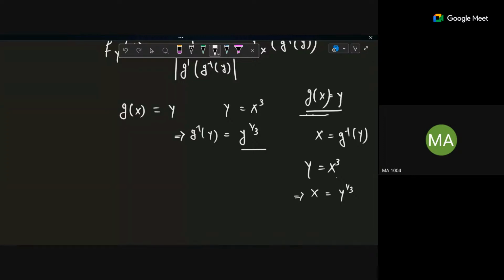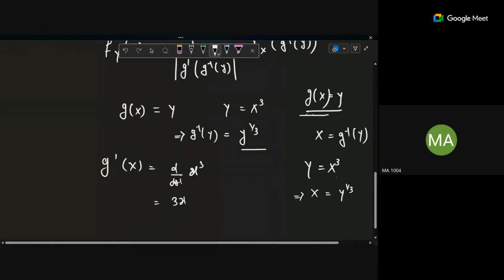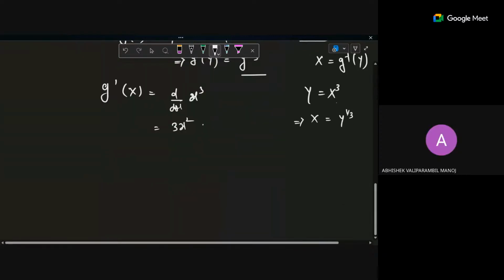What will be the derivative g dash of x? It's d/dx of x cube, which is 3x square. But it is 4x cube, no? So no need to take 4.